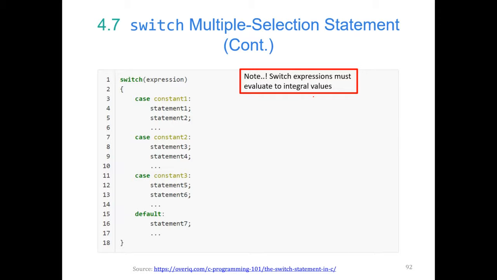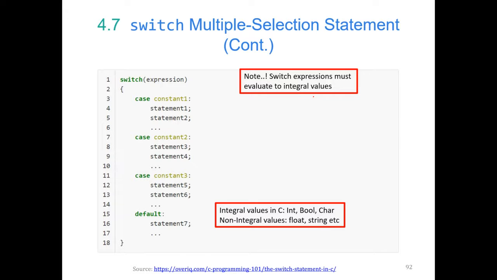Now, what are integral values? Integral values are variables of type integer or int, bool, which again can be true or false, which means it can have two integer values, 0 or 1. And again, character as well. So it can deal with characters too, right?